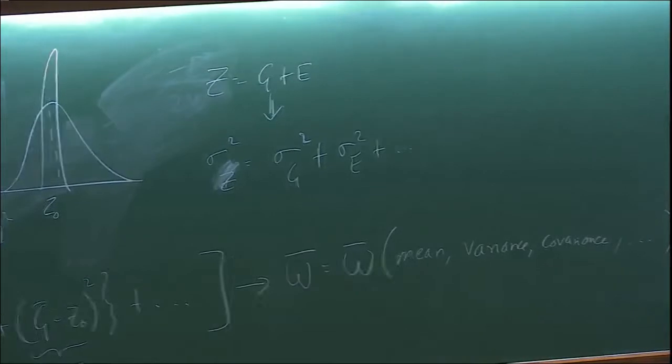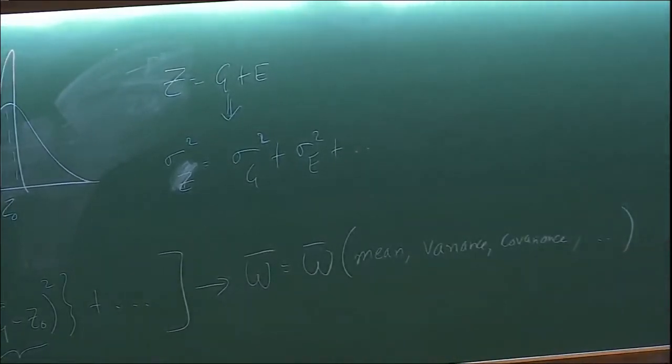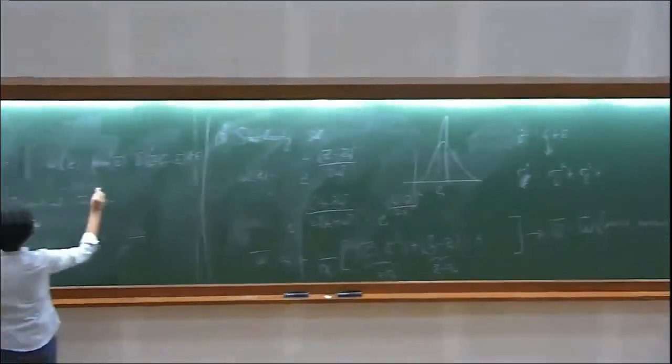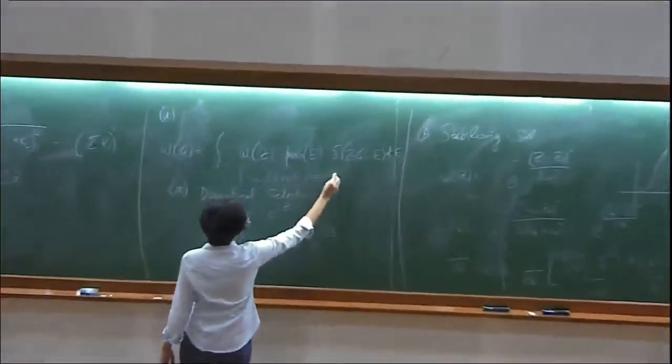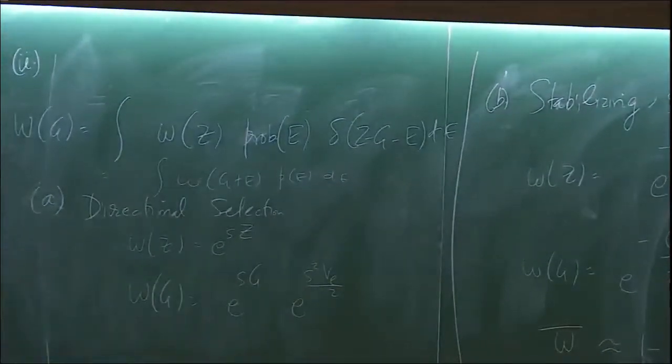Yes. Z is equal to G plus E. So this will become W(G plus E) P(E). Suppose you want to keep the Z, you change the variables back to G, this is what I mean.